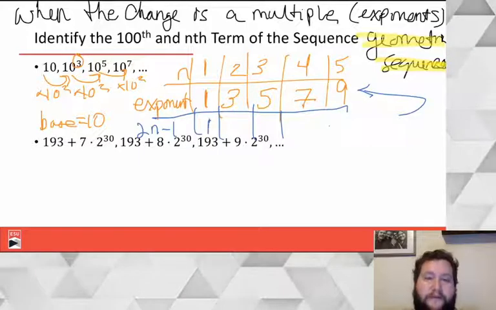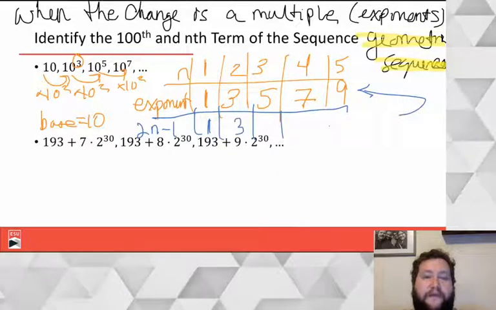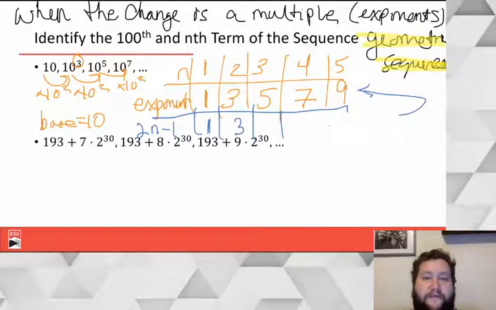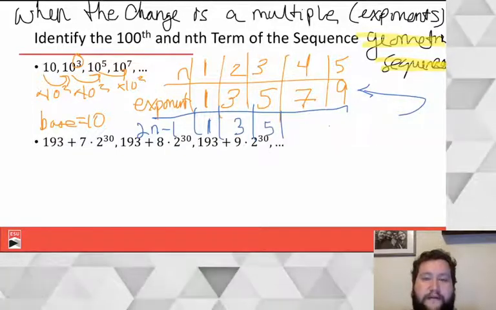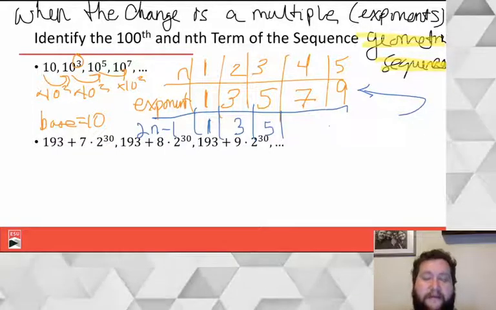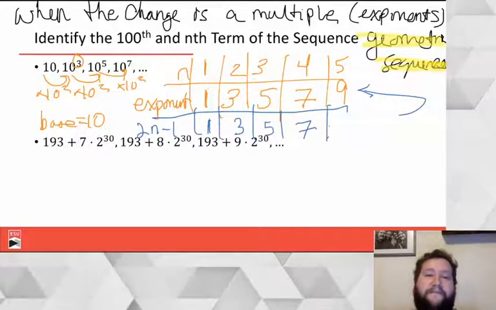When n equals 2, 2 times 2 is 4 minus 1 is 3. When n equals 3, 3 times 2 is 6 minus 1 is 5. 2 times 4 is 8 minus 1 is 7. And 5 times 2 is 10 minus 1 is 9.